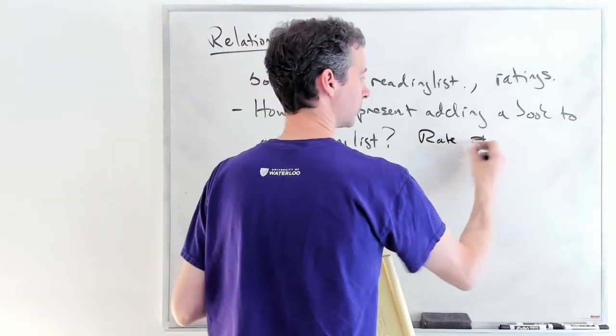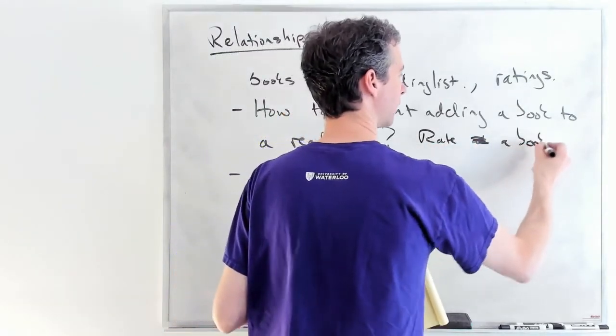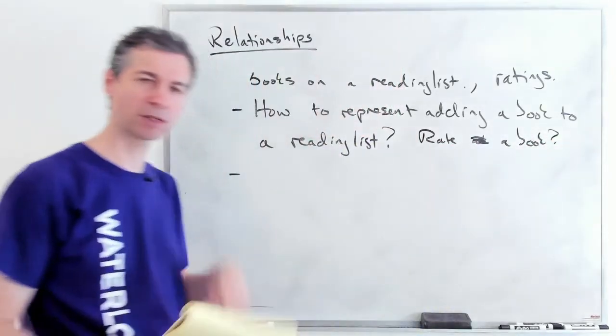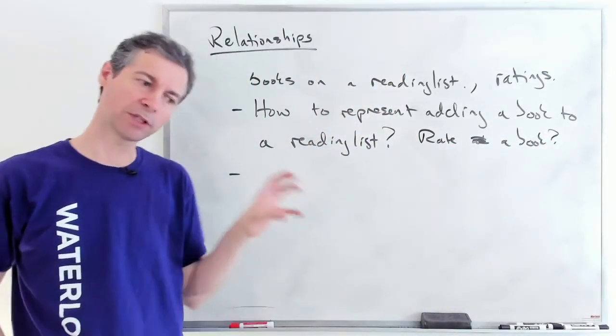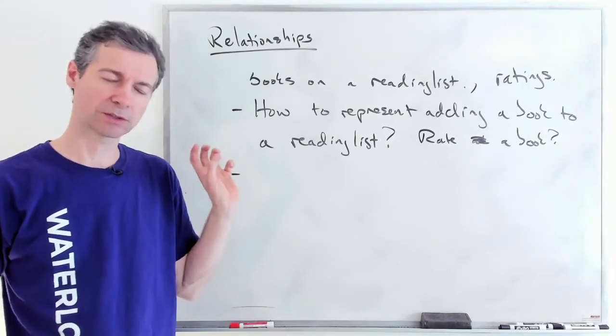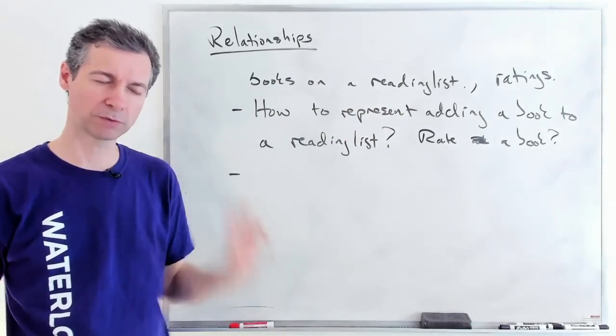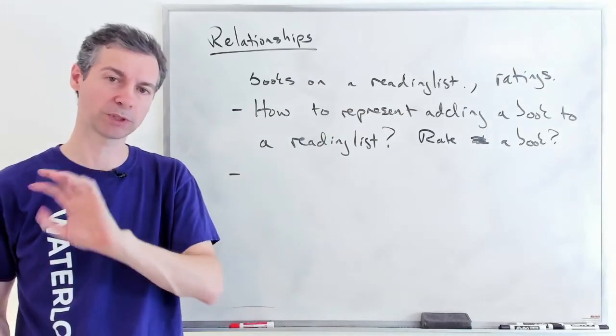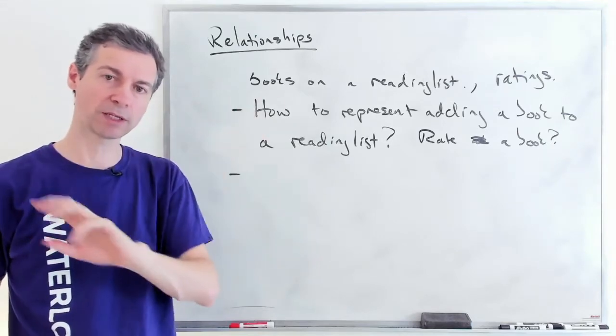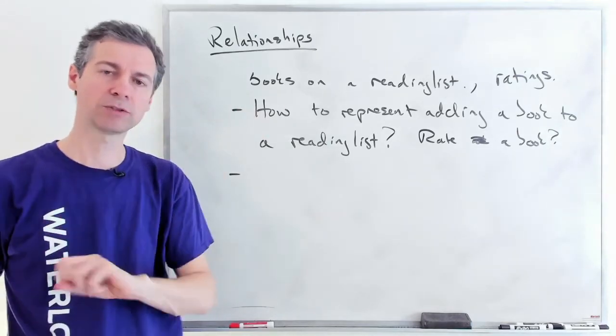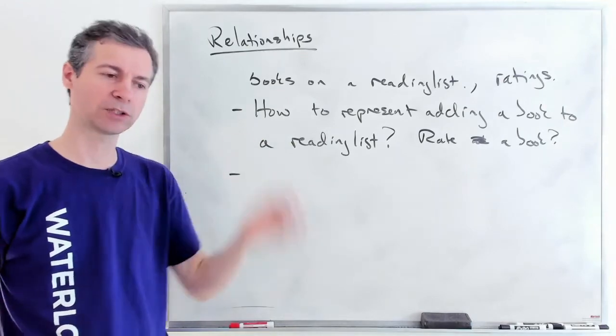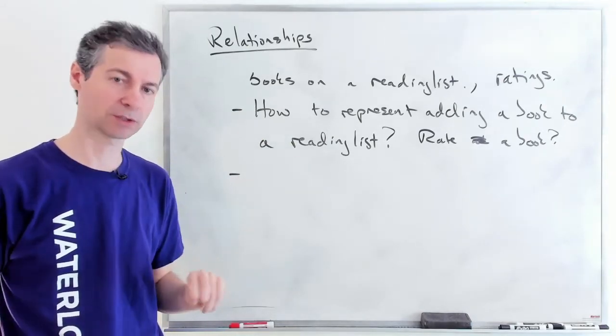Rate a book. How are we going to do that? How are we going to have the API? Because again, we're in the situation where we've got this relationship set, either between books and reading lists, or the relationship between users and books for ratings, and we want to add in a new rating, or we want to add in the notion that this book is on this reading list.